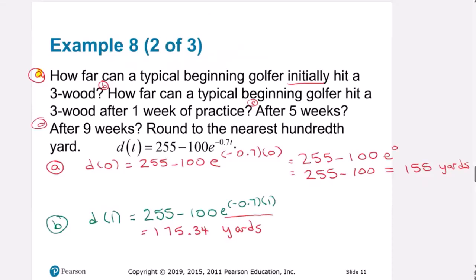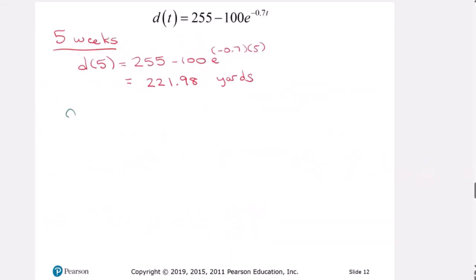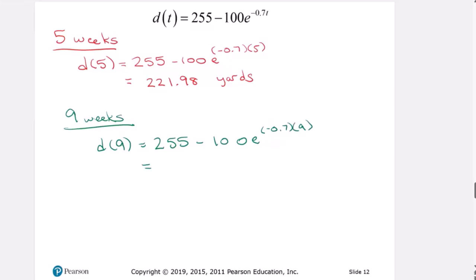Yep. So after 9 weeks of practice, we just do D of 9, which equals 255 minus 100 e to the minus 0.7 times 9. And that's going to be 224.82 yards.